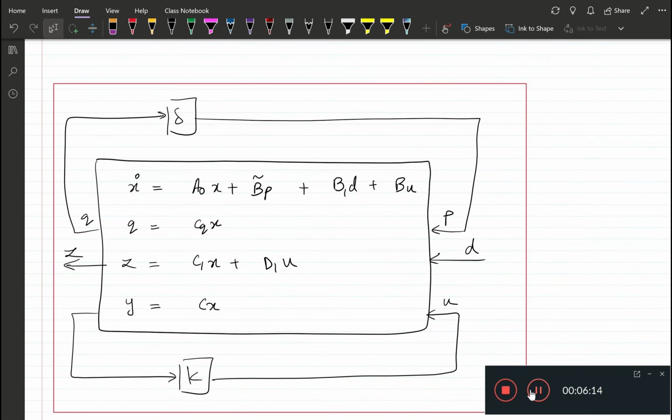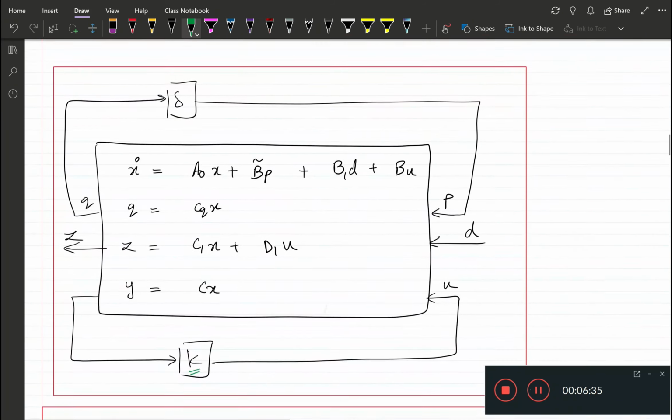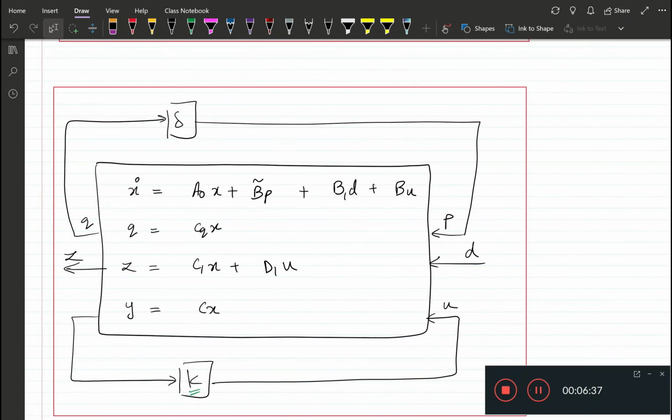Once we've done that, we can now come to the design of a controller K here. I've just pulled the uncertainty out. Everything is the same as here, but now I have a controller channel which is measuring Y and exerting U on the plant.